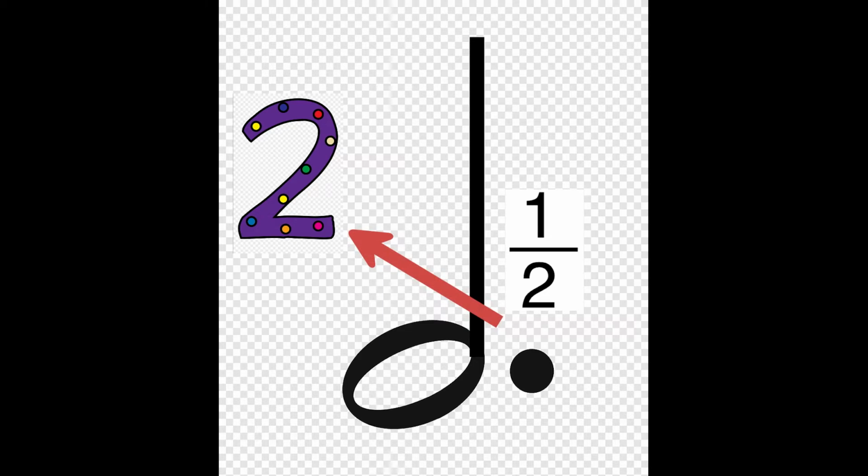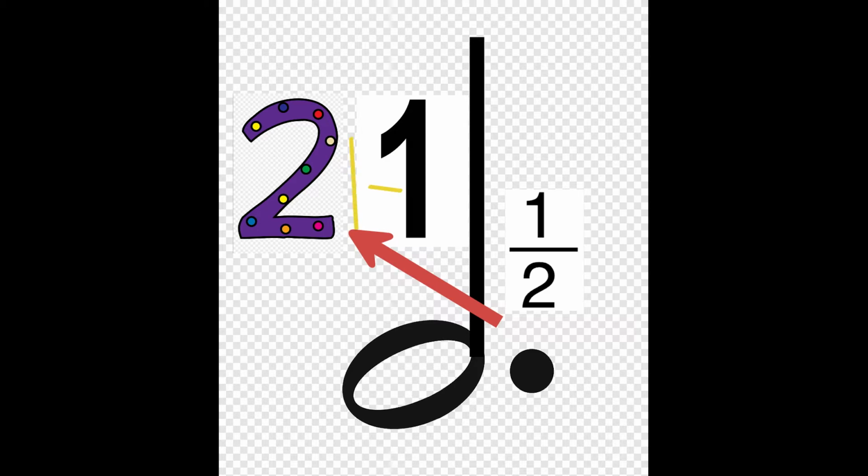So what is half of 2? Half of 2 would be 1. So we're adding 2 plus 1, which equals 3. A dotted half note is equal to 3 beats.